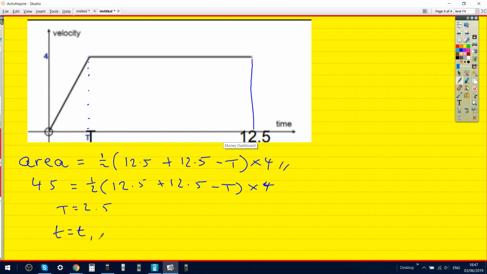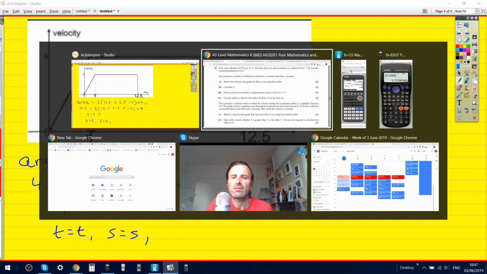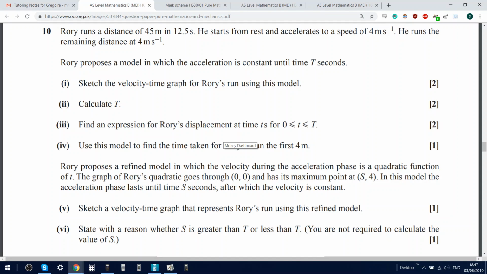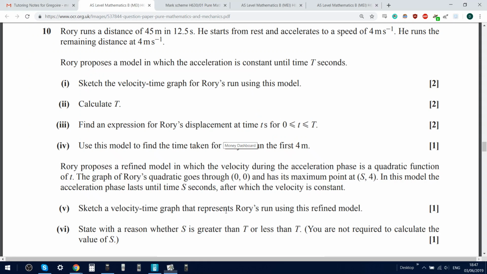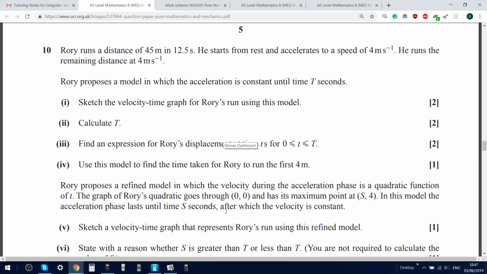An equation for his displacement, so that means s also equals s. And is there anything else we know? We know that at time 0, u is 0. So u equals 0. And acceleration is 4. So a equals 4.